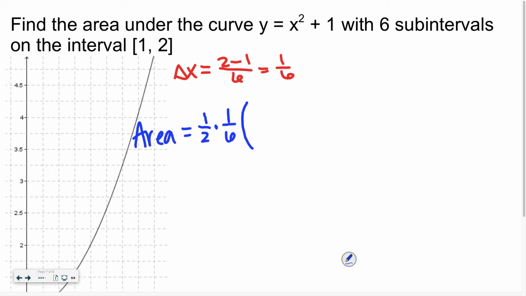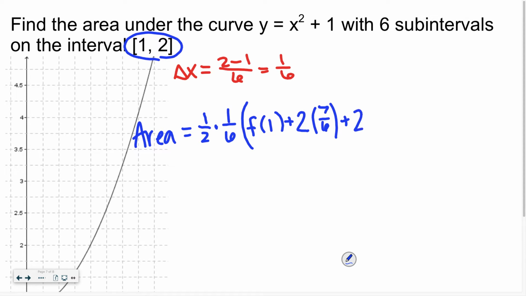Now we have to figure out our bases. Our interval is from 1 to 2. So we will begin with our base f of 1. And then we are going to have 2 bases at our next x value. Where does it occur? 7/6, because we have to go 1/6 later.